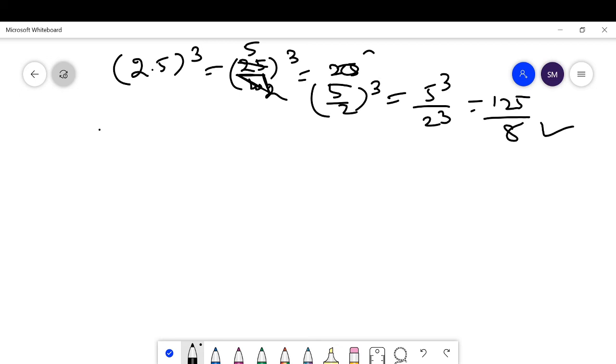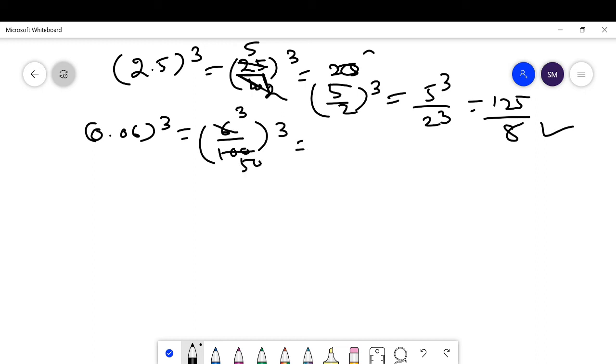Then suppose a decimal number is given: 0.06 whole cube. 0.06 can be written as 6 upon 100. Am I right? Yes. Then you can make it simplest form by cutting. This is 3 upon 50.